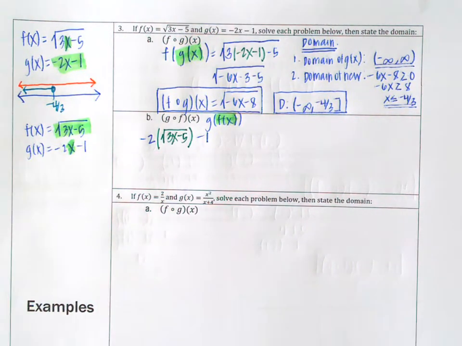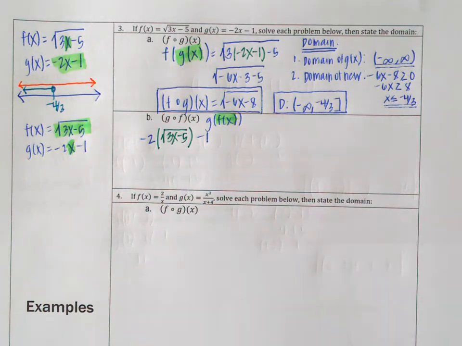Now, negative 2 is on the outside of the square root, and 3x minus 5 is on the inside of the square root. So can I multiply something that's on the inside with something that's on the outside? And the answer is no. This one's really kind of weird, and also kind of easy because you don't really have to do much.